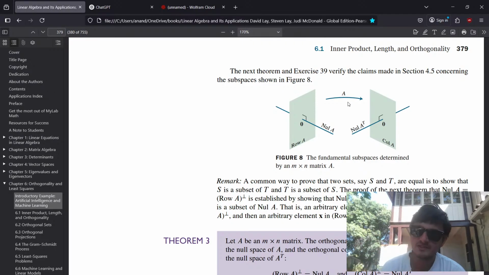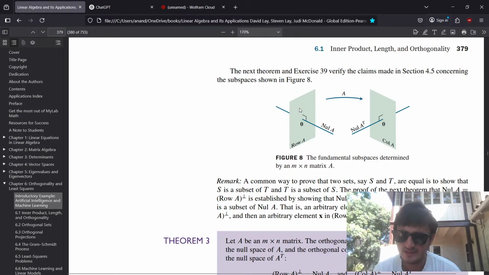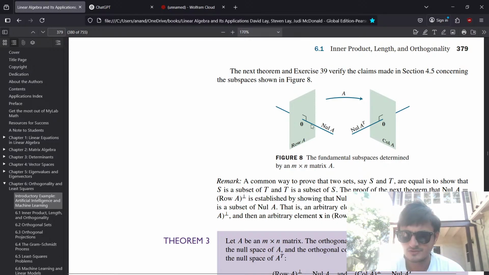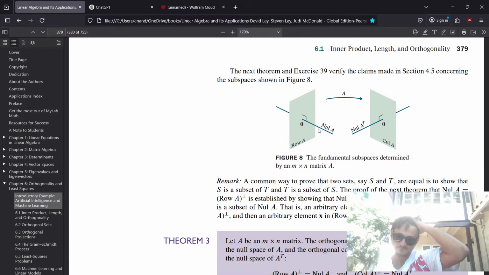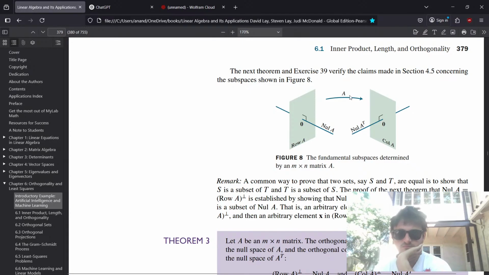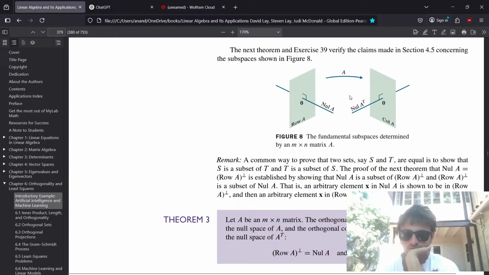The row space of A is orthogonal to the null space. Okay, this theorem seems interesting, but what does this arrow mean? A.